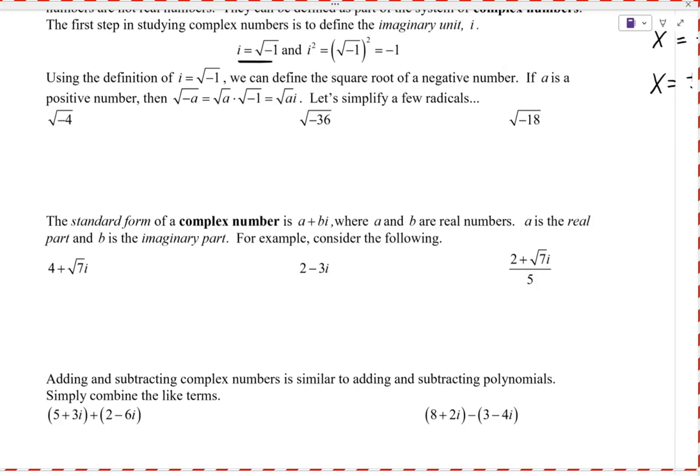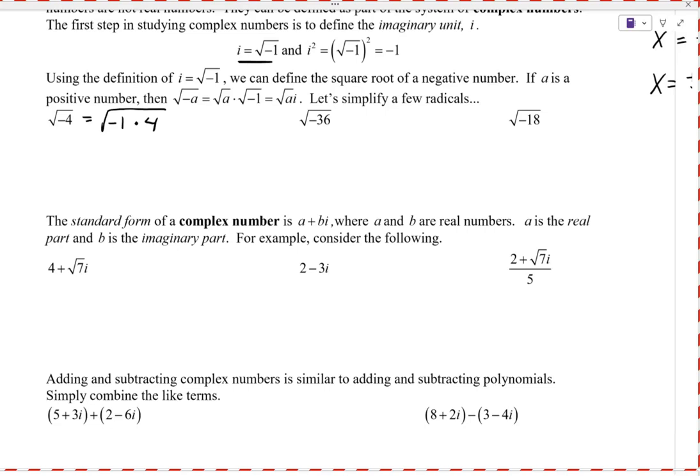So what I mean by that is, if I think about it this way, you can think about it as square root of -1 times 4 to start with. Right? -4 is the same thing as -1 times 4. And remember, we kind of broke up things into pieces when we were simplifying radicals before, when we had variables and numbers.